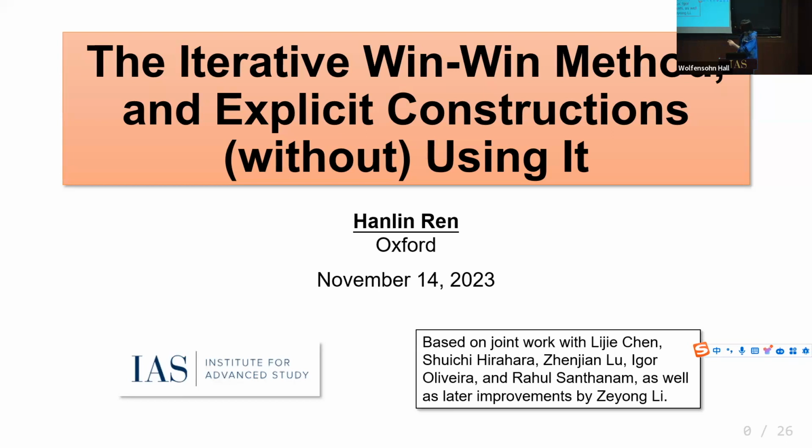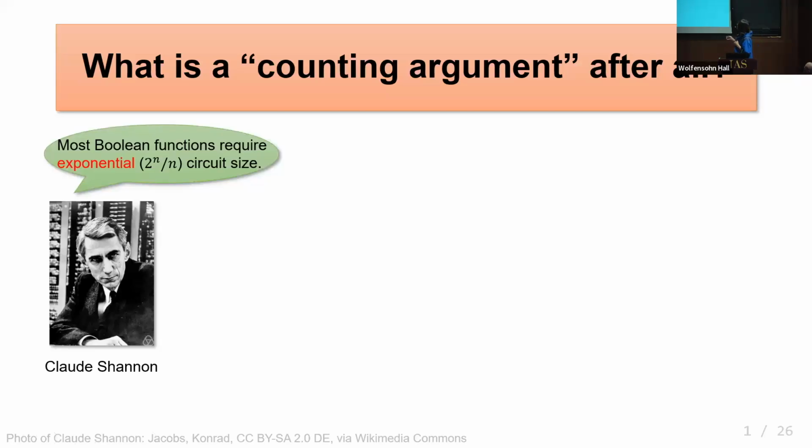I guess I can just use my keyboard. Oh, I see. Sorry. Yeah, it's working. So, thank you.